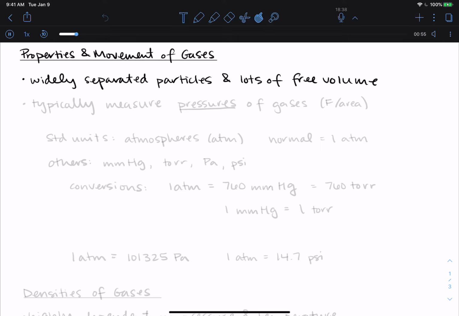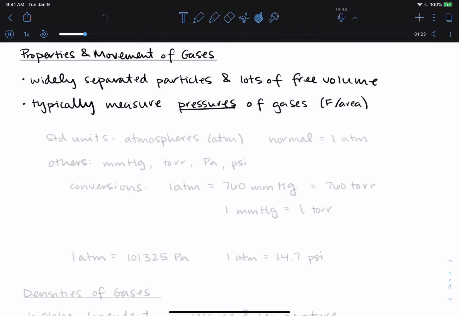What we typically measure for gases is the property of pressure. So this is a force per unit area. It's just kind of a physics reminder.